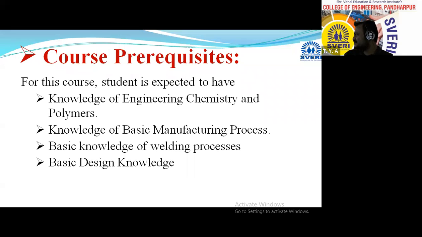Some basic terms: what is the meaning of tensile strength or yield strength? What is the meaning of compression strength? What is hardness? And what is the factor of safety? These parameters, basic knowledge related to design, we are going to use in our chapters 3, 4, and 5. These 3 chapters will be based on designing. So you should have some basic knowledge related to these subjects.